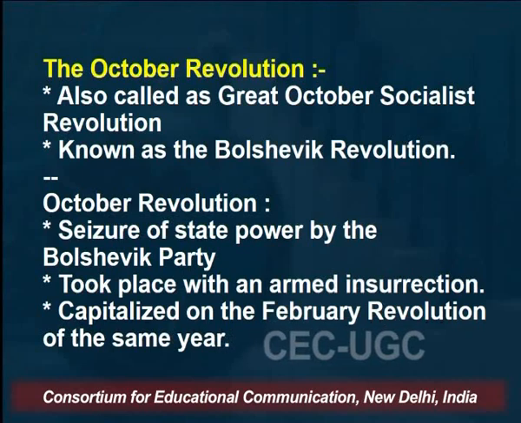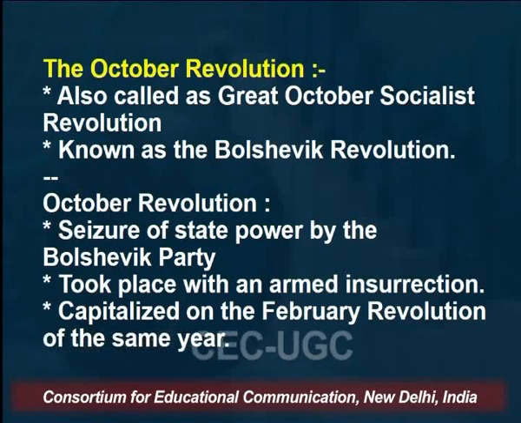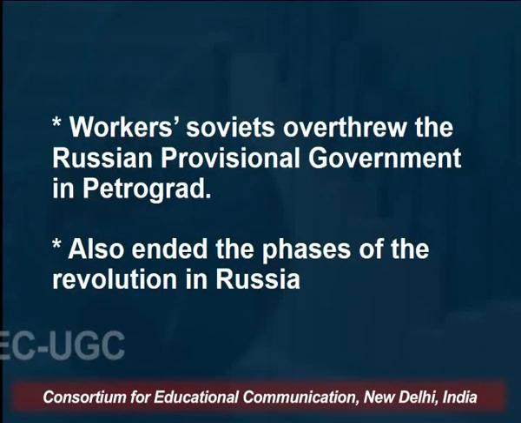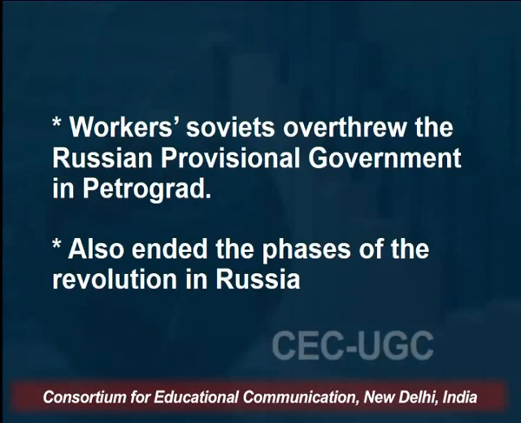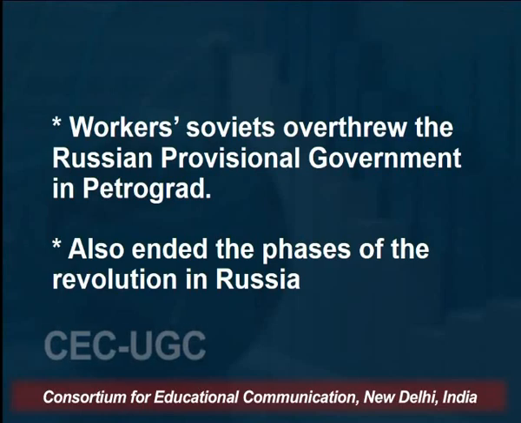And it capitalized, very important to understand, on the various issues and aftermaths of the February Revolution in the very same year. Moving forward, we find that in the October Revolution, workers' Soviets overthrew the Russian provisional government in Petrograd. This also ended the phases of revolution in Russia.